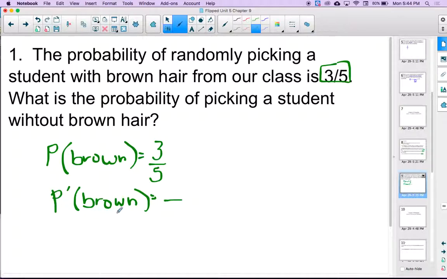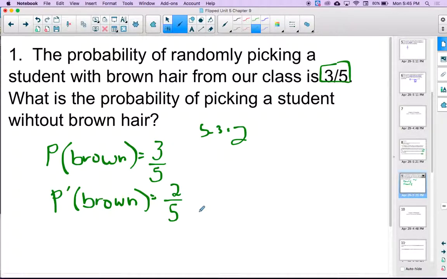So if we're looking at how many do not have brown hair, it's out of 5 students. How many do not have brown hair? Well, 3 have brown hair, so 5 minus 3 equals 2.